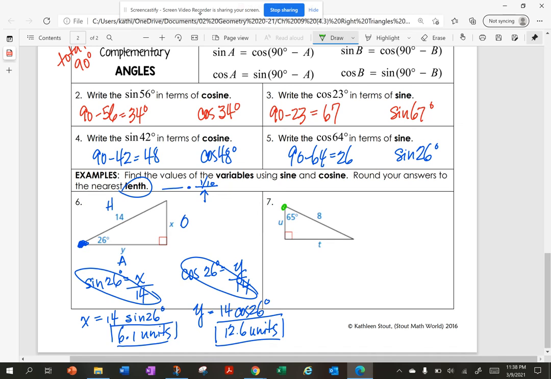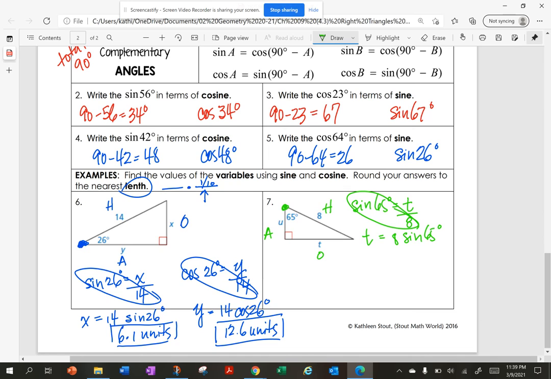So I'm going to say 65 is my reference angle. So 8 is my hypotenuse, opposite, adjacent. So the sine of 65 degrees is my opposite, t, divided by my hypotenuse, 8. So t equals 8 times the sine of 65 degrees.